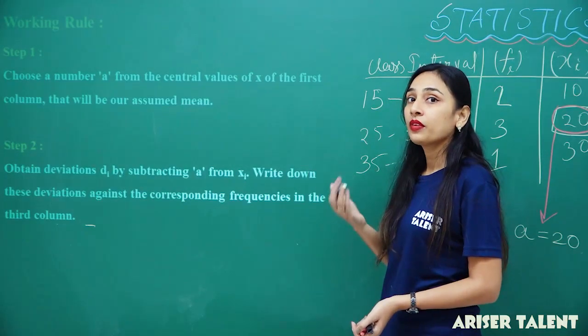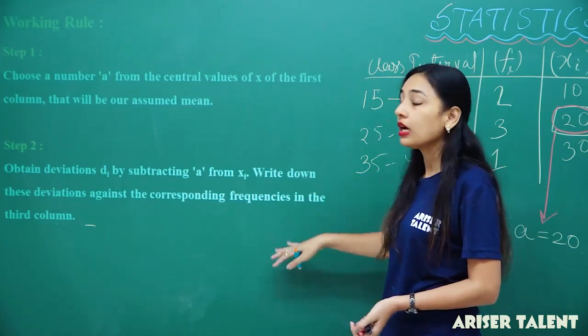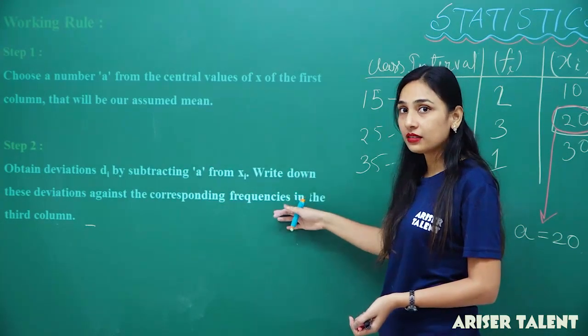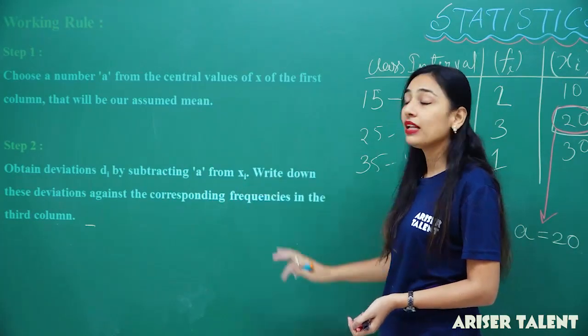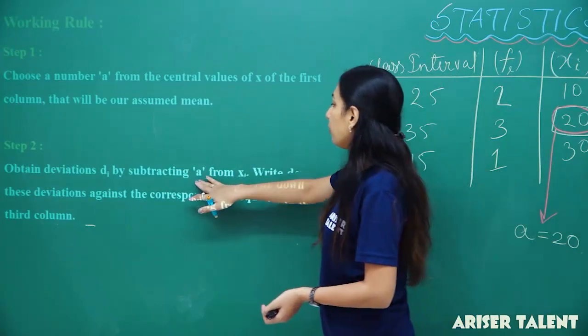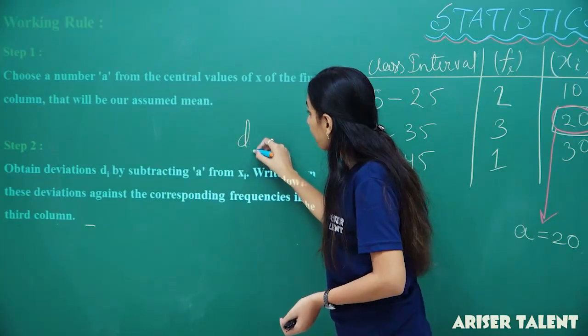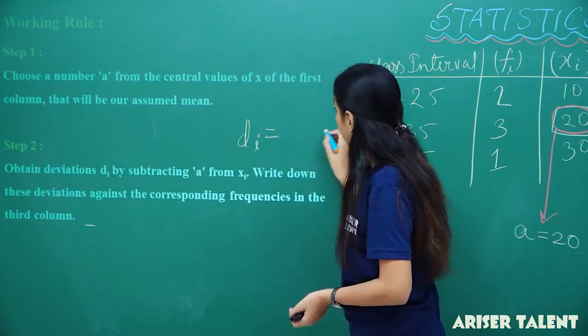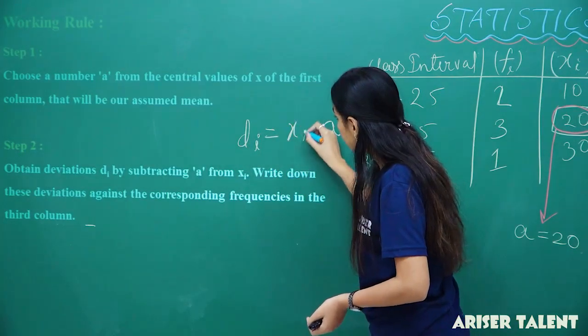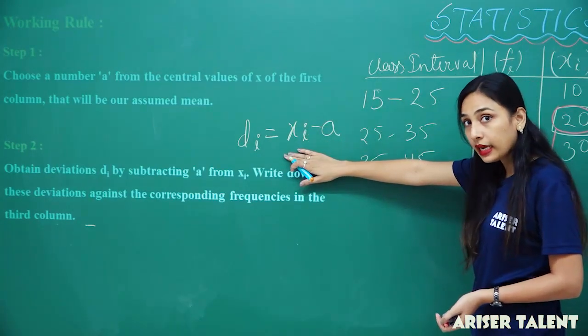Same as when we have values of x and f, for all the corresponding values of xi we will have some values of di. We have to obtain di by subtracting A from xi. So this is the formula for di.